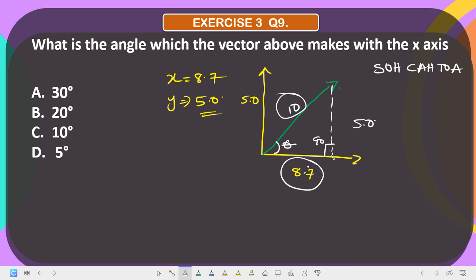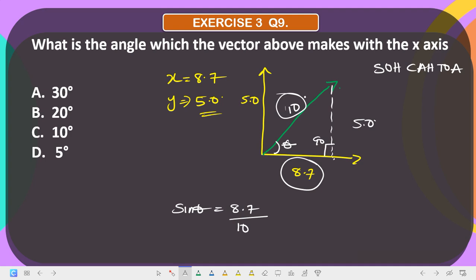So if we take the s-axis here, which is 8.7, with this hypotenuse, it will be sine theta equal to 8.7 divided by 10. Now, in this case, which of them is it, sine or cos?